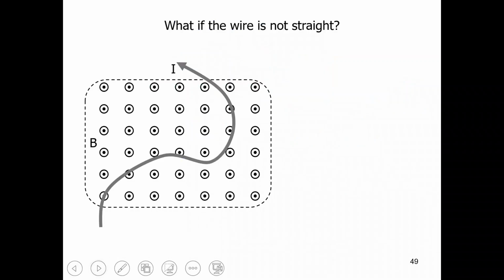But what if the wire is not actually straight? So what you'd have to do is work through and break this wire up into pieces, because every little part that you look at is going to have a slightly different direction. So you would take a small tiny portion of the wire. They're using a dS here. I usually use dL.